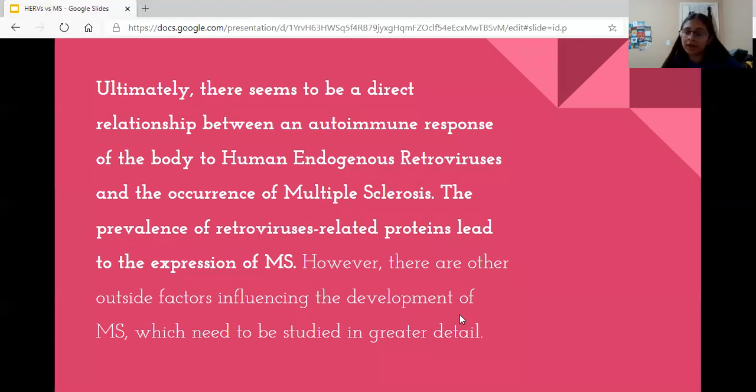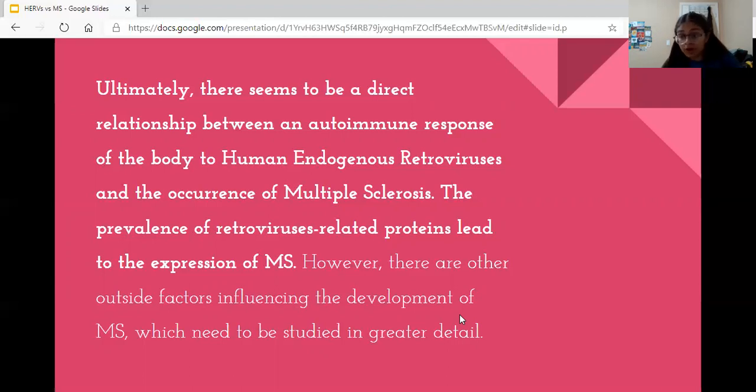And so this brings me to my conclusion that ultimately there seems to be a direct relationship between an autoimmune response of the body to human endogenous retroviruses and the occurrence of multiple sclerosis. The prevalence of retrovirus-related proteins, so specifically GAG and ENV proteins, as we studied through these research papers and these clinical trials, lead to the expression of MS. However, there are other outside factors influencing the development of MS, which need to be studied in greater detail.